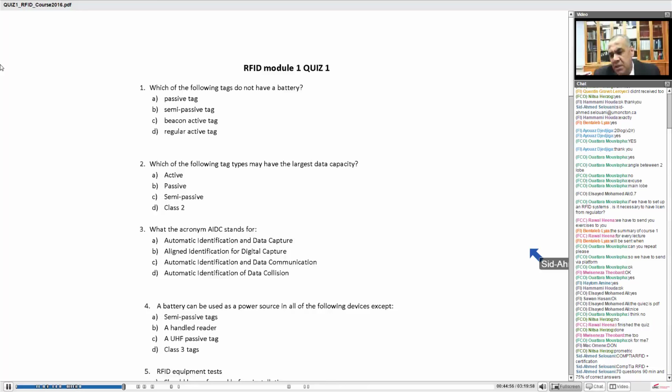Maybe many companies could provide the test. An agreement with CompTIA is possible with this company. So the name of the test is CompTIA RFID Plus.